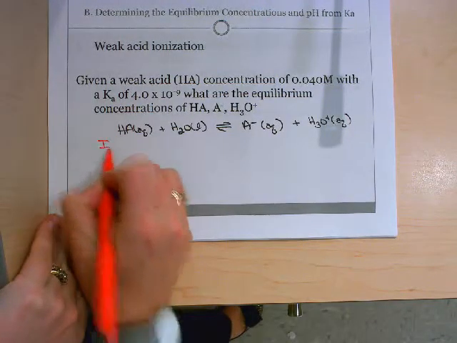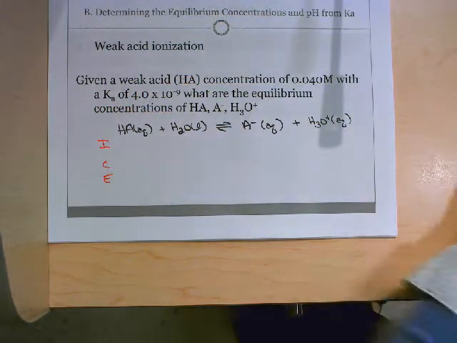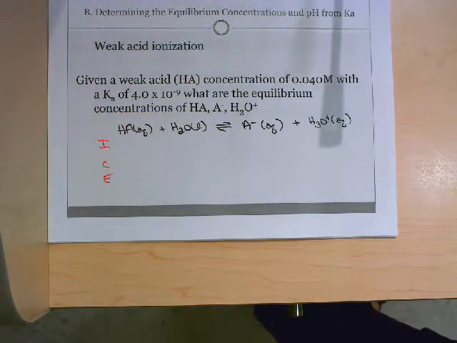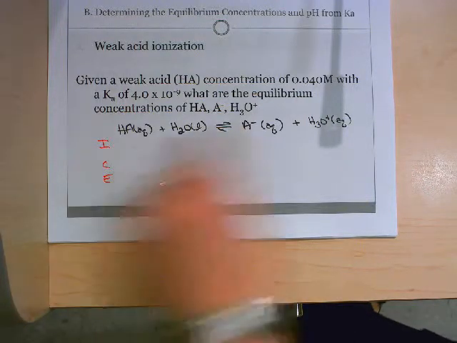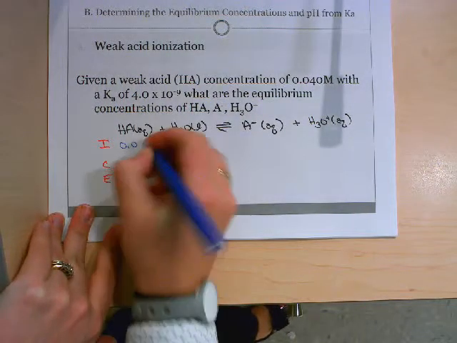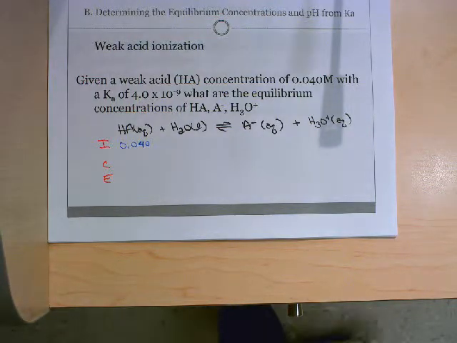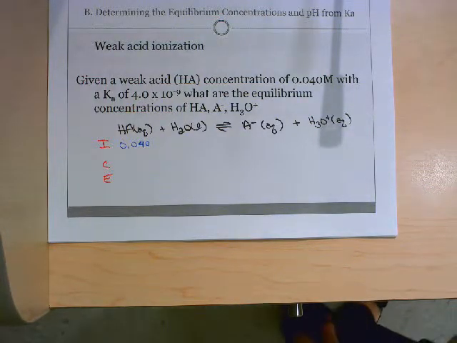Alright, so we have this down the side. Let's fill in the things we know. They gave us an initial concentration of HA, so you can plug that in. What do I do about water? Does water's concentration change over the process of reaction? It doesn't.